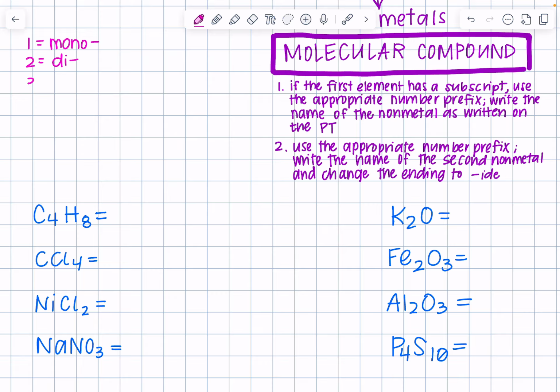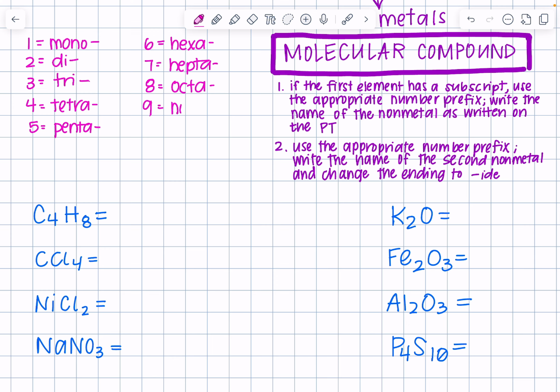So we got mono, di, tri, tetra, penta, hexa, hepta, octa, nona, and deca.